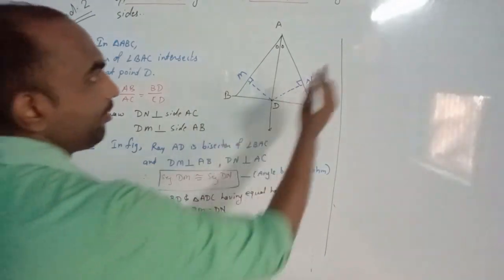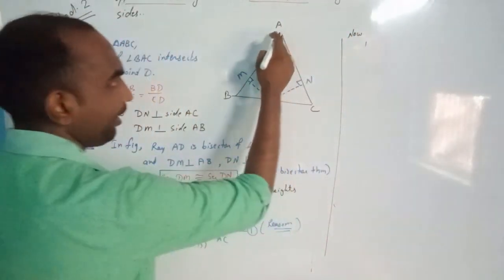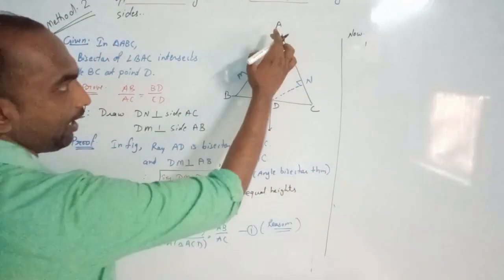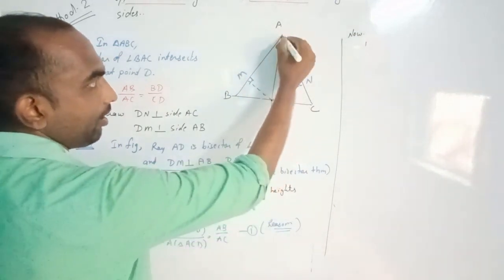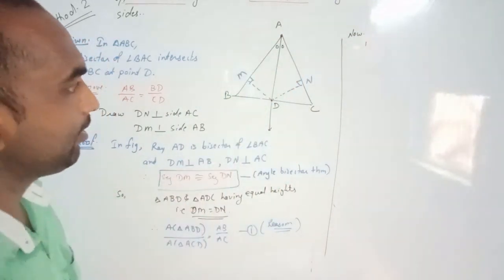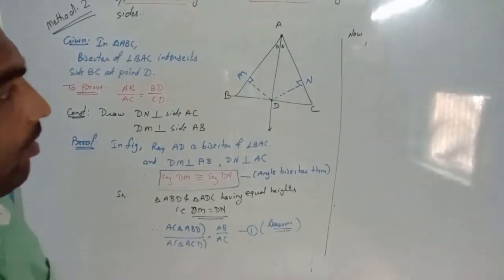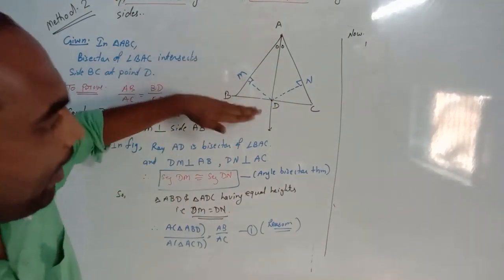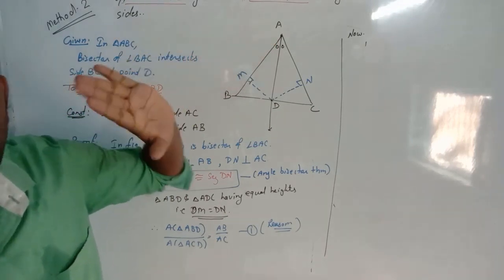Now same triangle ADB, but our perspective will be changed. In triangle ADB and triangle ADC, A is the common vertex, and the bases are on the same line. I repeat, these two triangles have the common vertex A and the bases are on the same line. So height of these two triangles will be what?